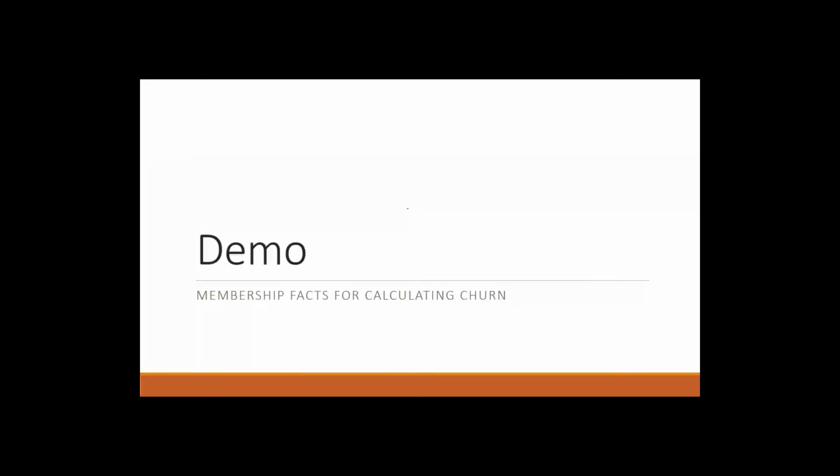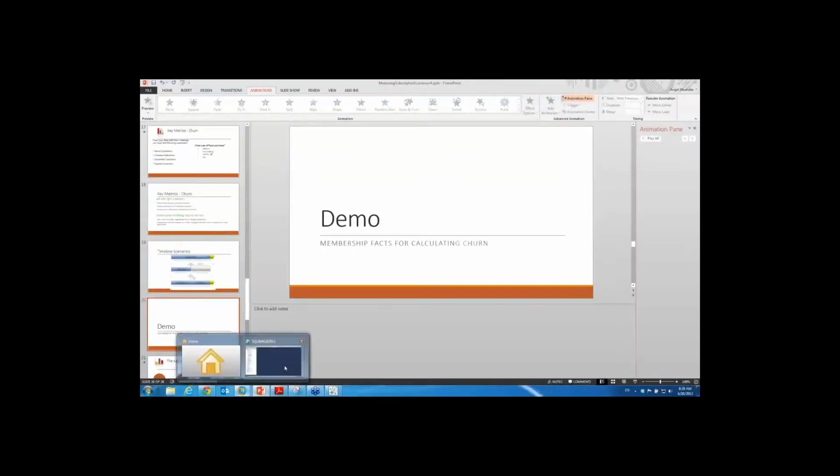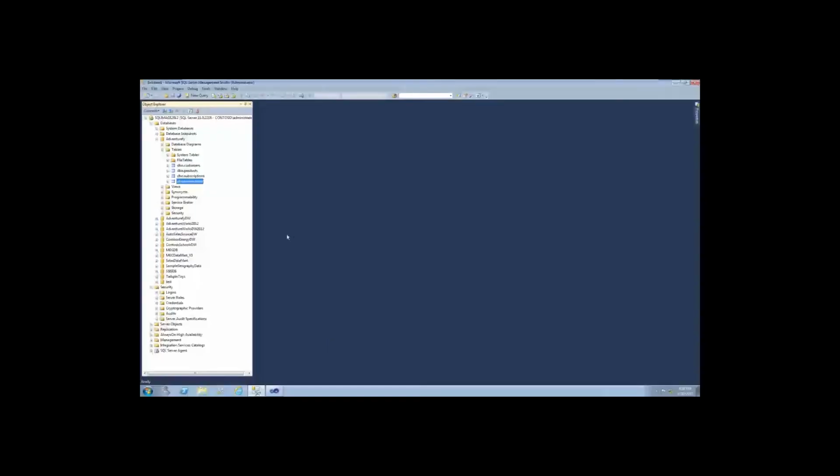Okay, so we'll go back into SQL Server, and this is SQL Server 2012 for those that are wondering why it looks different. Where we're going to start is with the ETL.